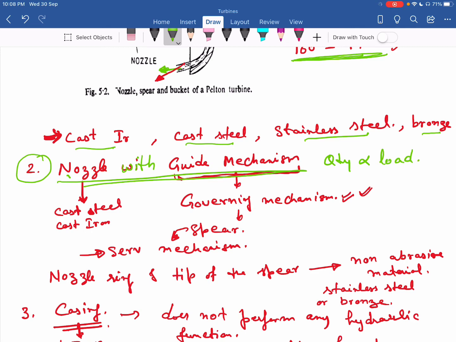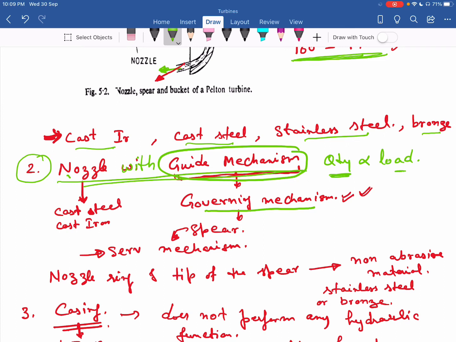That means if the load on the turbine is high, you need more water to produce more power. In case the load is low, you need low discharge. So sometimes you need high discharge, sometimes low discharge. To control that discharge, we use this guide mechanism, which is also called the governing mechanism.